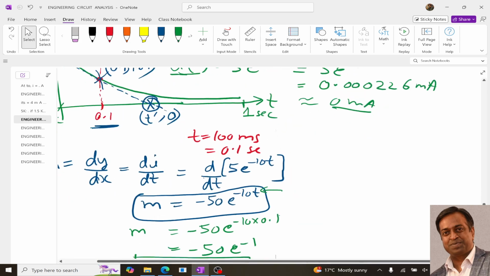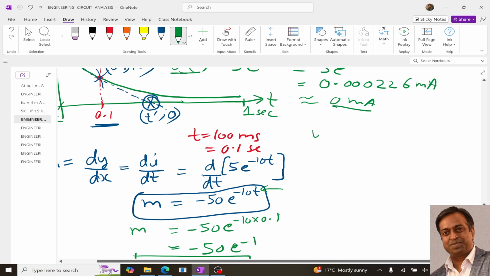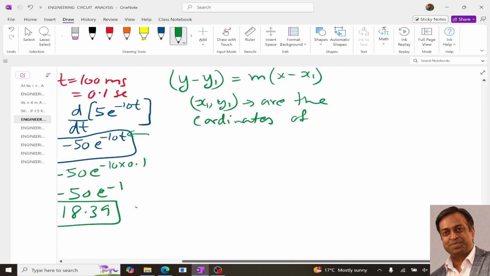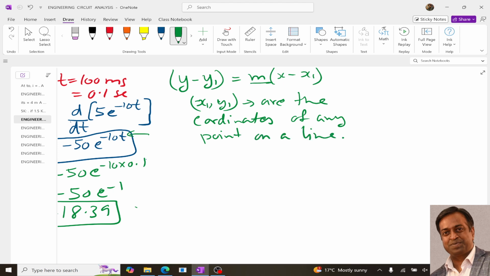We know that the equation of a straight line can be represented as y minus y1 equals m times x minus x1, where x1, y1 are the coordinates of any point on a line, and m is the slope.